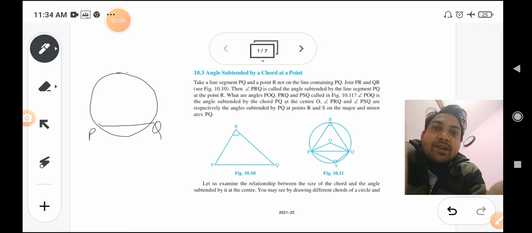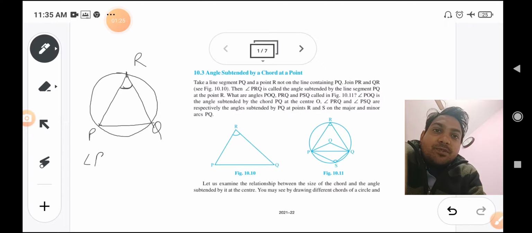Suppose we take any point R on the circle. If we join it, an angle is formed. So this angle PRQ is the angle subtended by the chord PQ at point R.